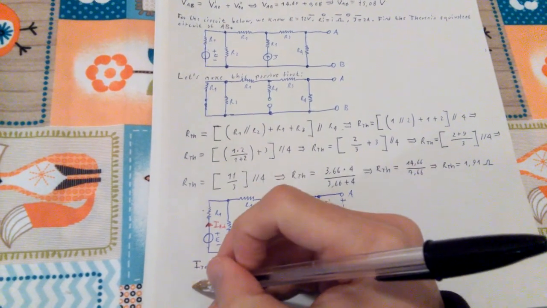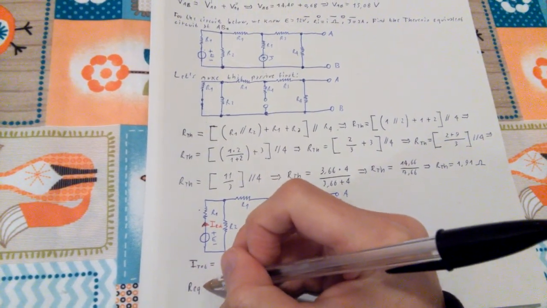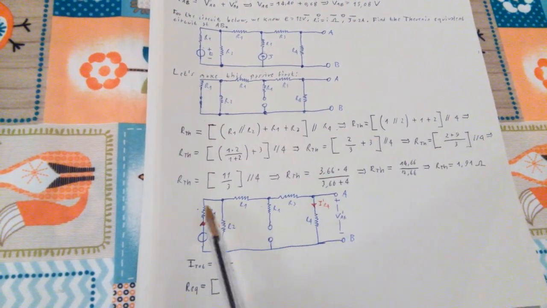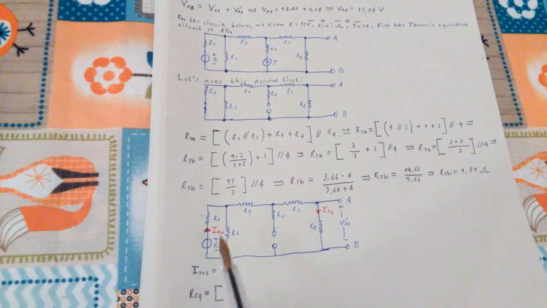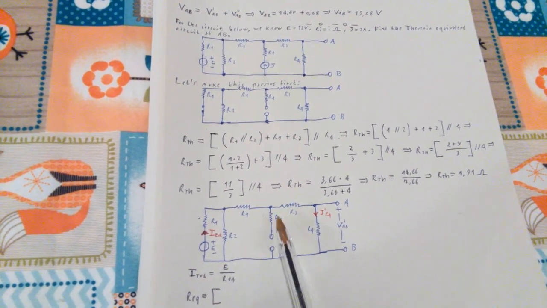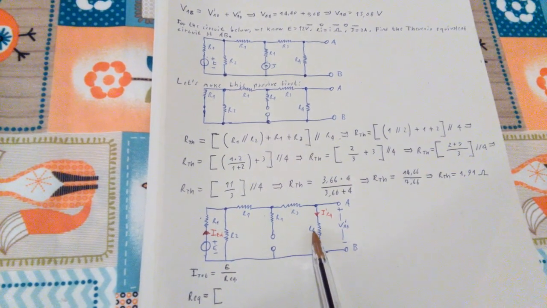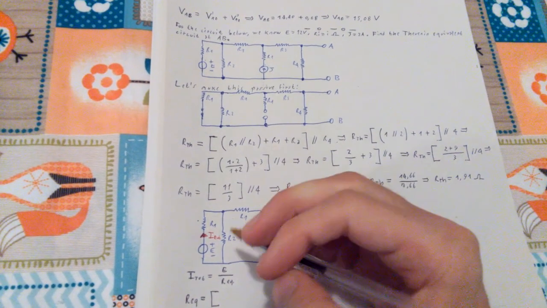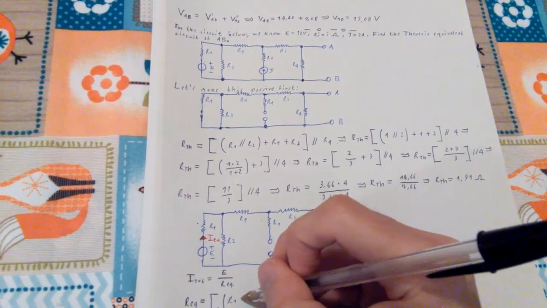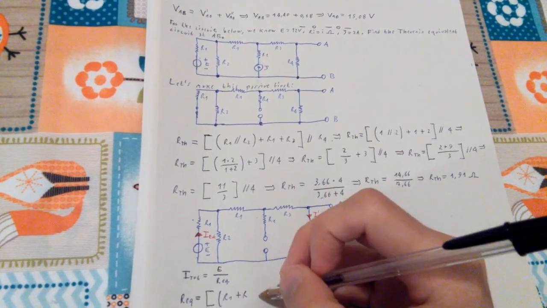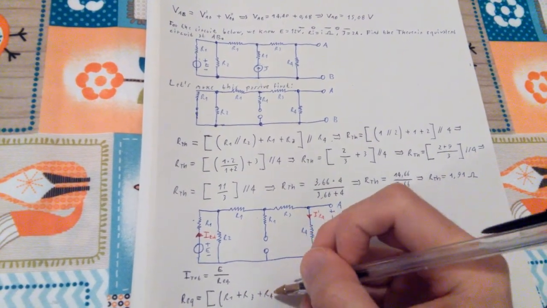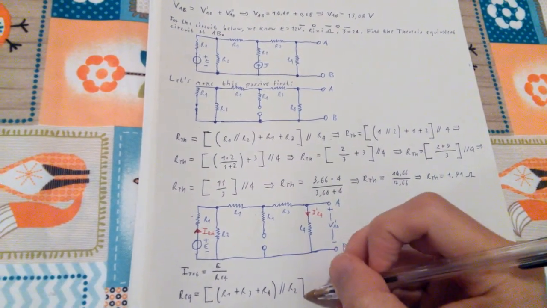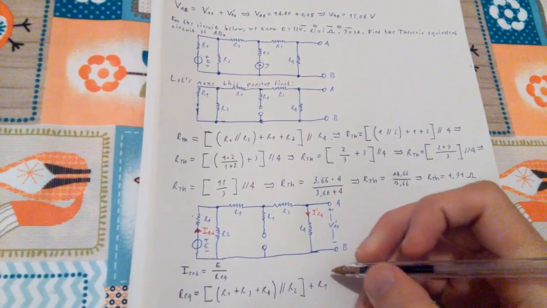So R equivalent is going to be defined by having R1 plus R3 plus R4, everything in parallel with R2, plus R1.